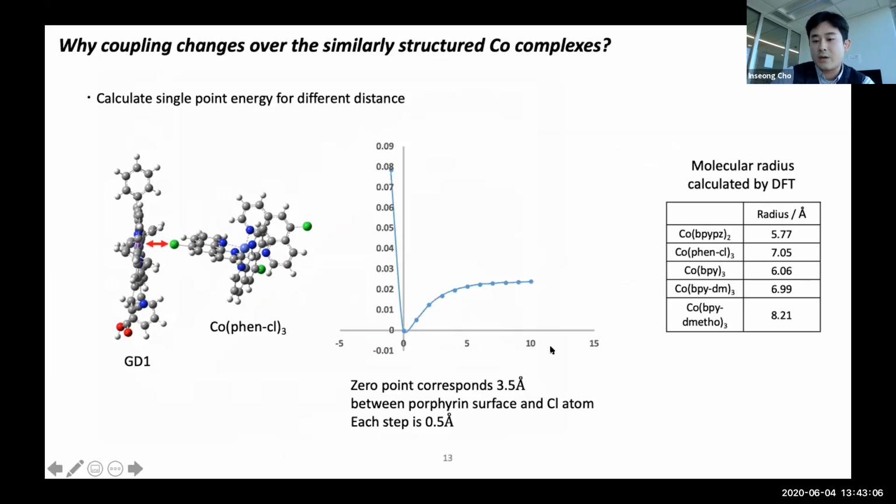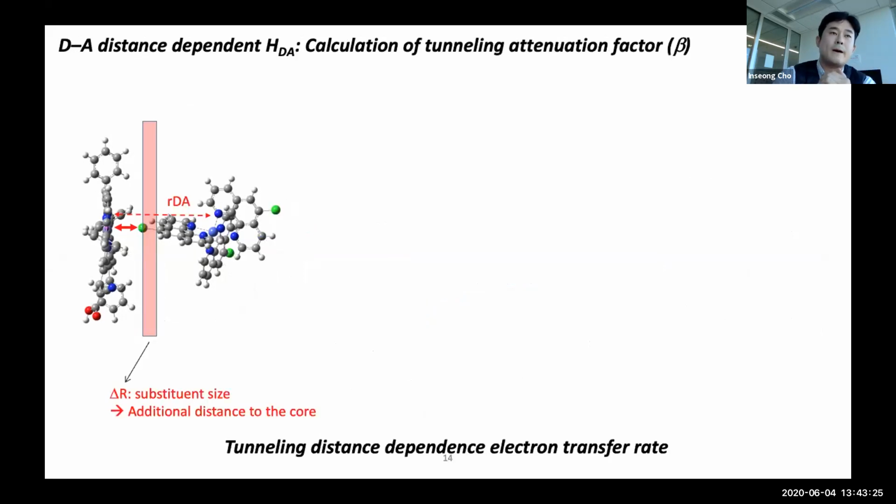And we also calculated the molecular radius based on the calculated volume. So here in the table, it shows the cobalt complexes in this work have different molecular radii. So we thought the difference in electronic coupling might be attributed to the difference in size.